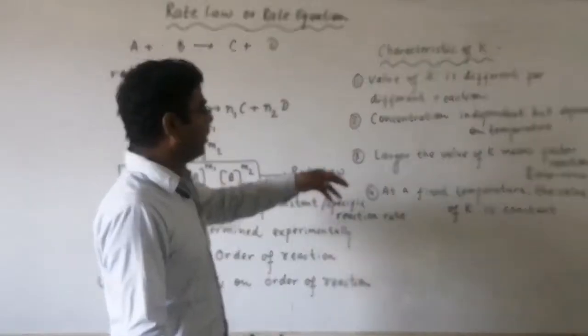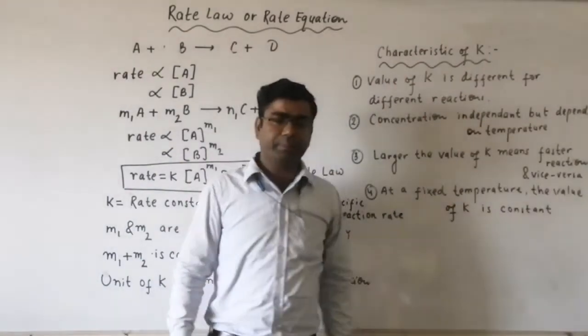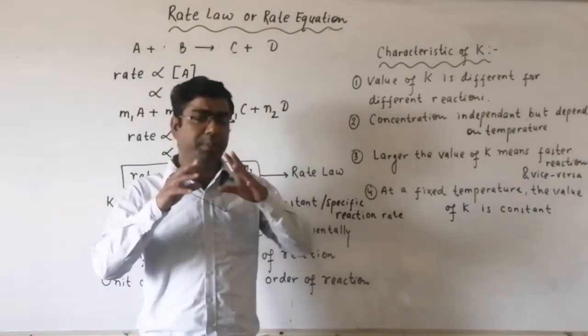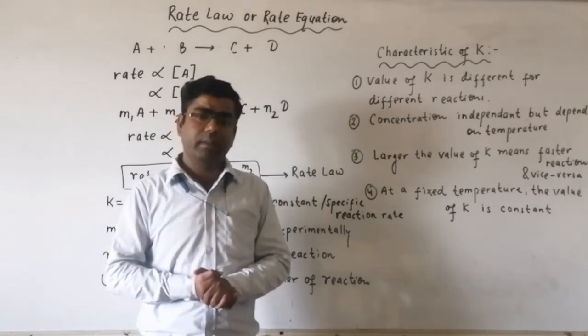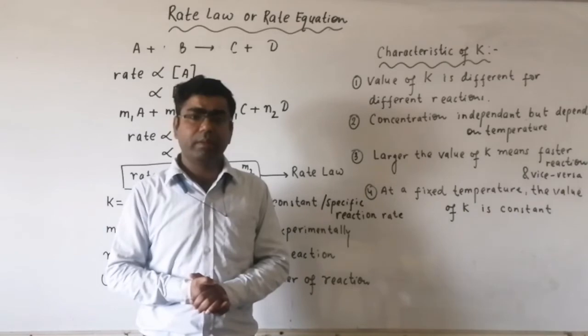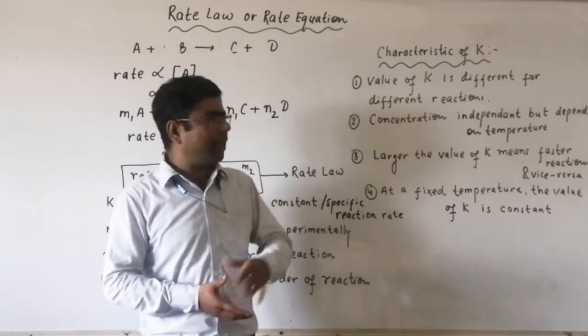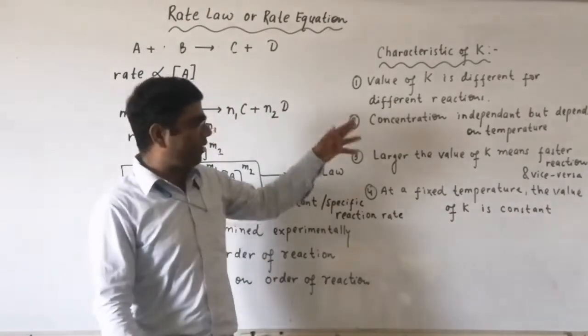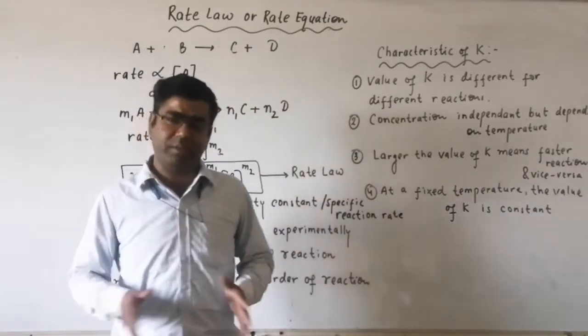Then comes the characteristic of K. It is the most important part of any chemical reaction. So what are the important points related with K? Point number 1, value of K is different for different reactions.